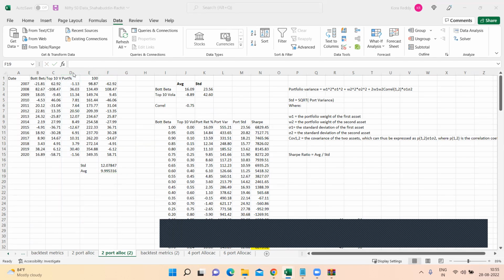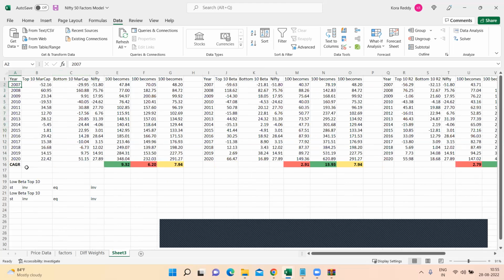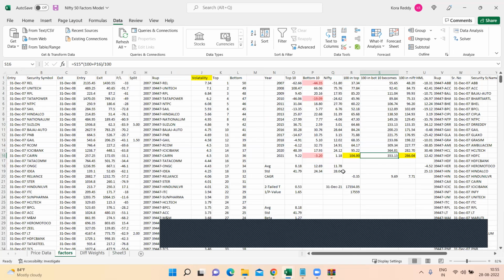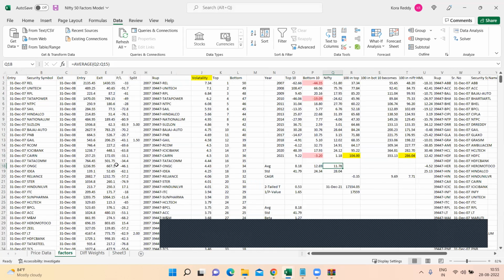Versus your Nifty, which is the benchmark, right? So Nifty standard deviation is 28%, and the average returns are 12%. Here, your model's average returns are a little bit less, but the standard deviation is much less.